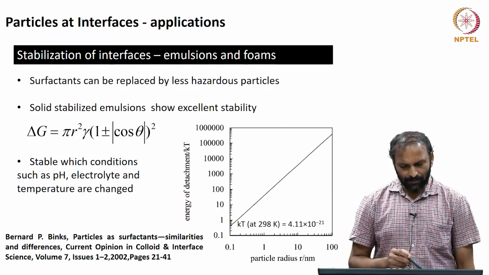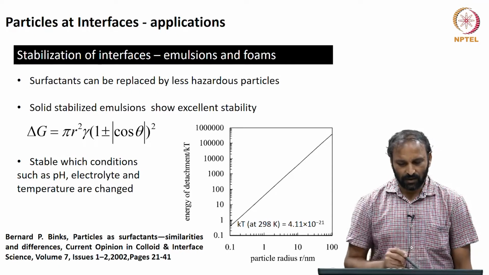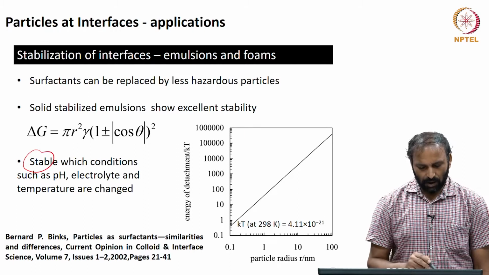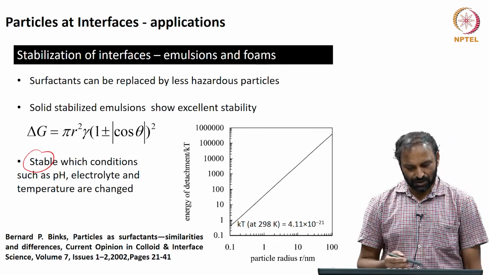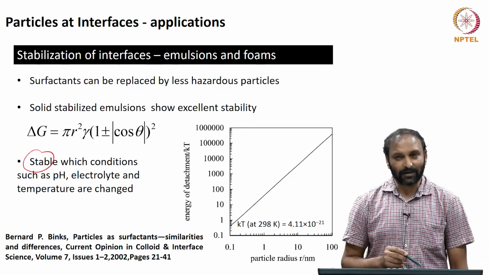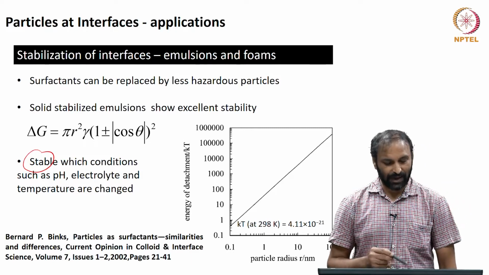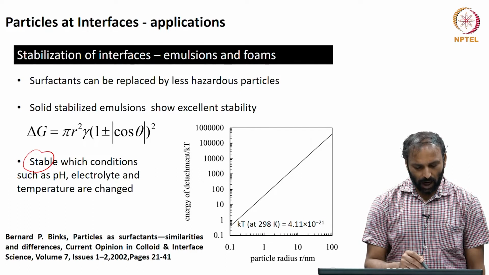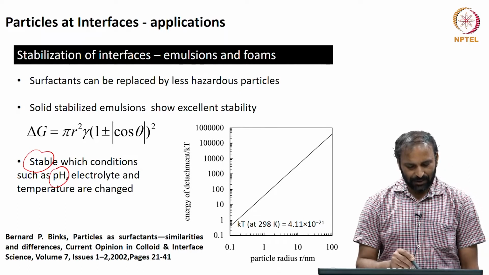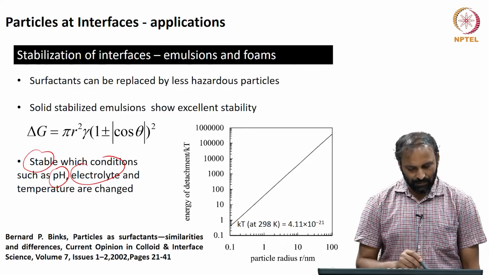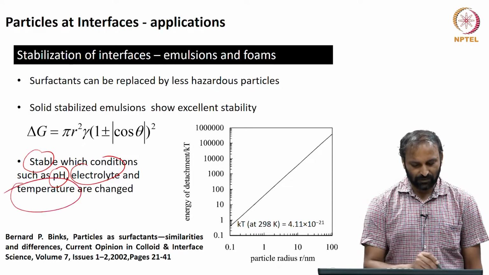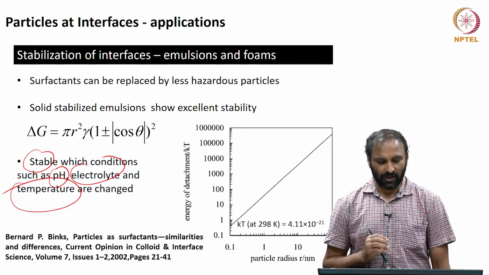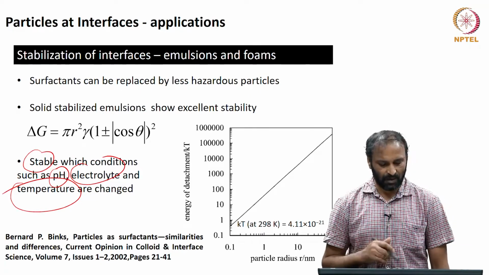Another important aspect of these emulsions is that they are stable under conditions where surfactant stabilized emulsions may destabilize. They are stable under harsh pH conditions, in the presence of electrolyte, and when the temperature of the prepared emulsion is changed, they still continue to remain stable.